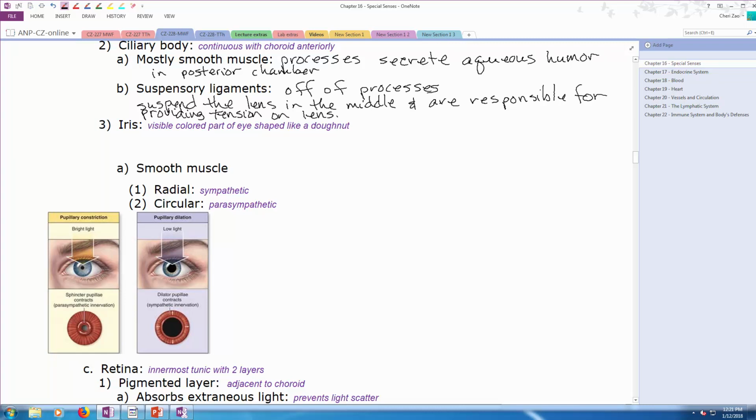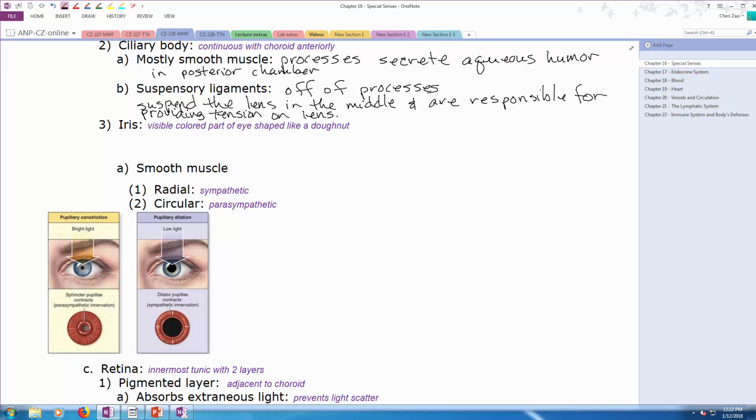Now, the lens is in a nice fibrous capsule. It's actually a fibroelastic connective tissue capsule, which makes sense since it's so mushy, squishy, and gelatinous. And so these suspensory ligaments are on the periphery of the lens, on the periphery of that capsule.